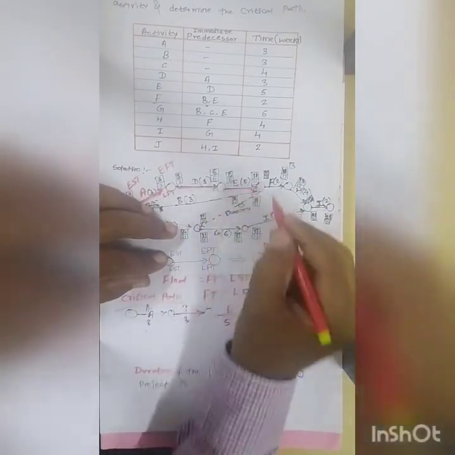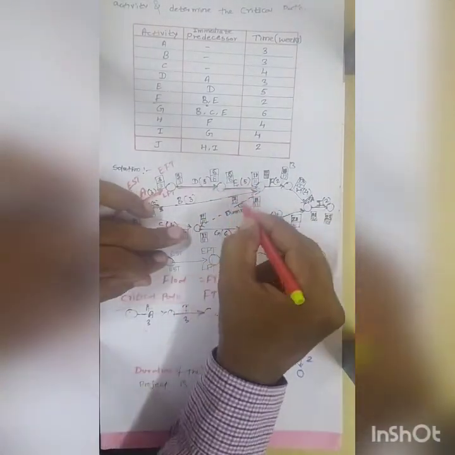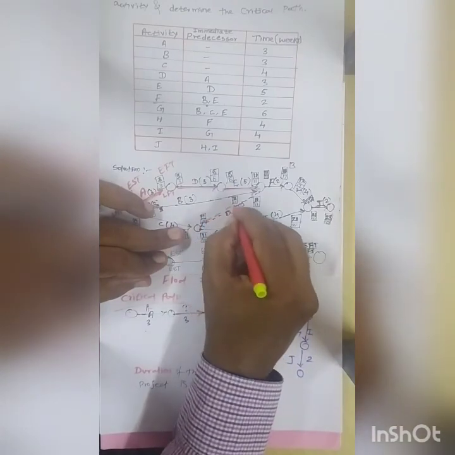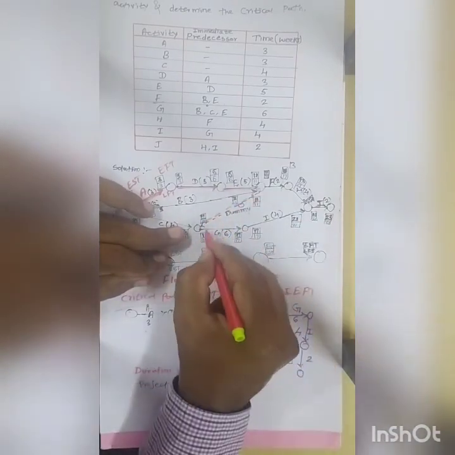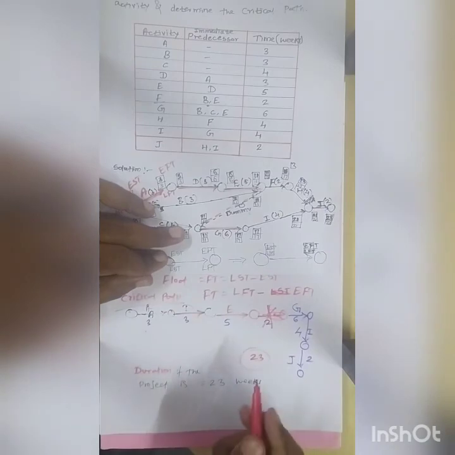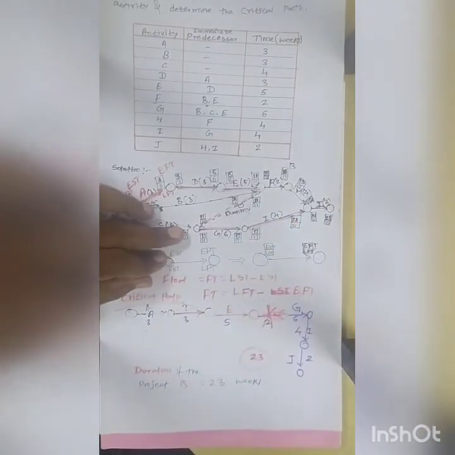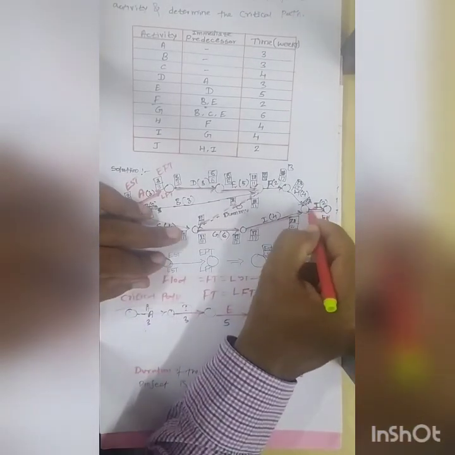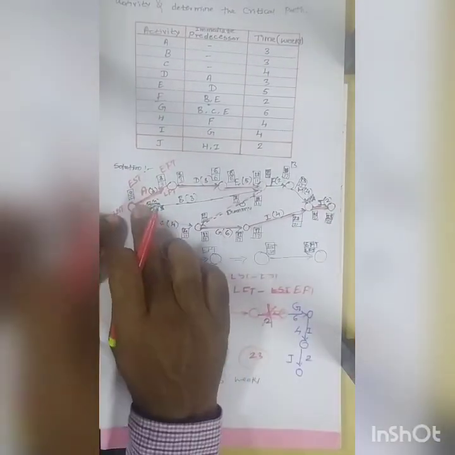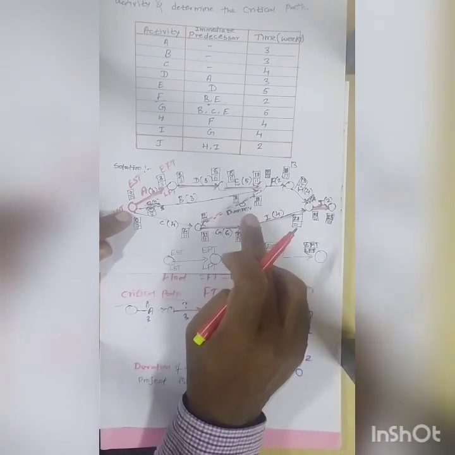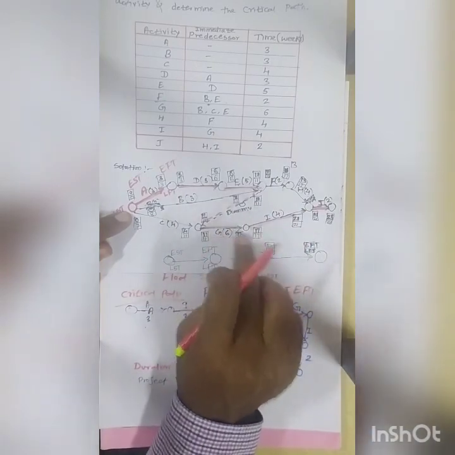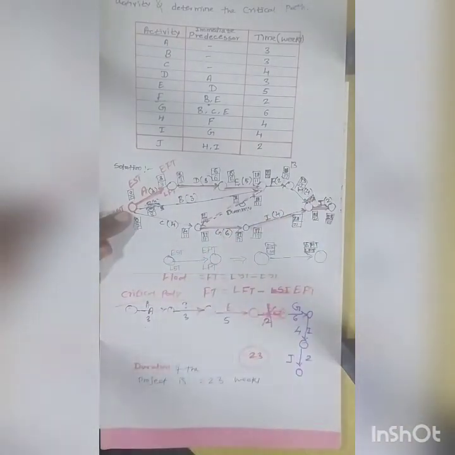E is also critical. Next, G, the dummy activity, flows under the critical only. Next, I, next, J. Here it is A, D, E, dummy activity, G, I, J. This is the critical path.